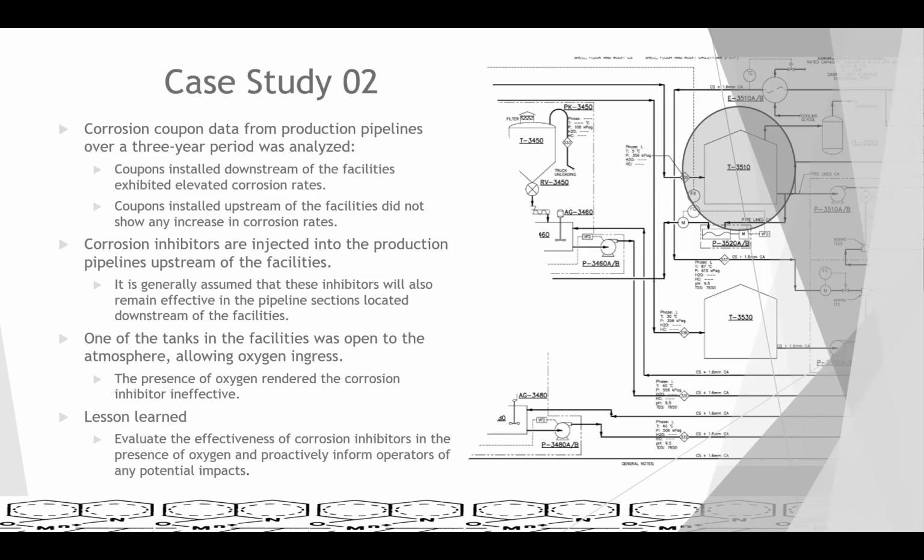Even though oxygen was not anticipated in this operation, it is always a good idea to be proactive to evaluate the inhibitor performance under various potential conditions, and more importantly, educate the operators on the negative impact of their operations on other performance, such as that of corrosion inhibitors. So in this case, clearly, the inhibitor was good, but because of the operational deficiency, it became ineffective.